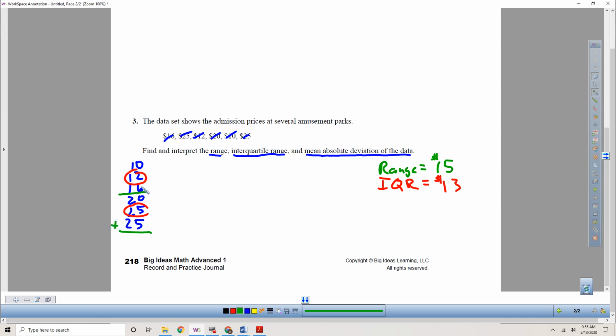Let's see, 2 and 6, 8, and that makes 10, 18. Carry the 1, 1, 2, 3, 4, 5, 6, 7, 8, 9, 10. So 108, and I have to now divide that by the number in the set. I'm going to break out a calculator, speed things up. 108 divided by 6 equals 18. So 18 is our mean.